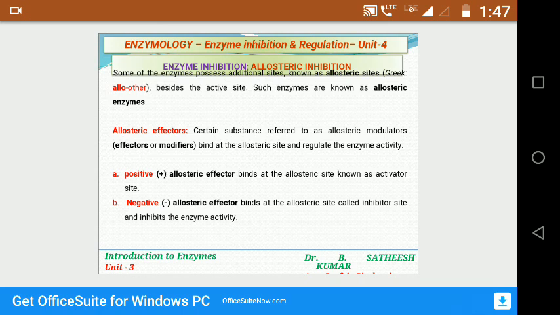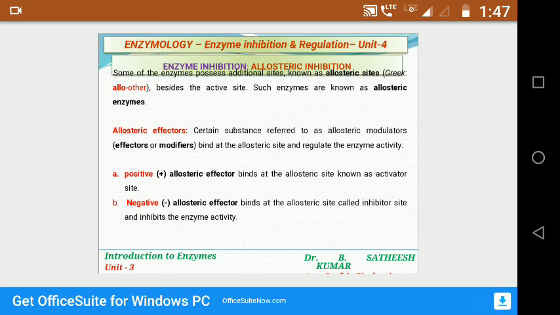If it binds to the active site, it may be a substrate, or if it is an inhibitor, it may be a competitive inhibitor. But in allosteric inhibition, the inhibitor binds other than at the active site. So therefore it is called allosteric inhibition.